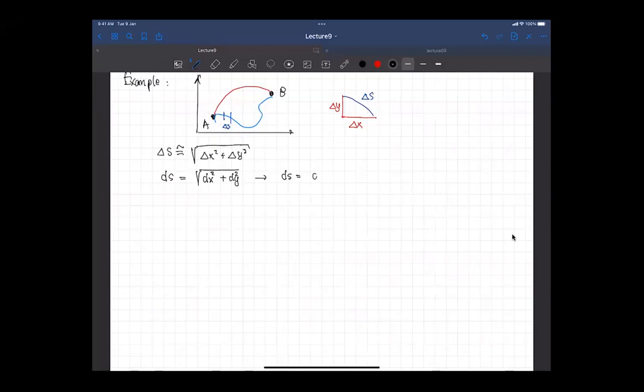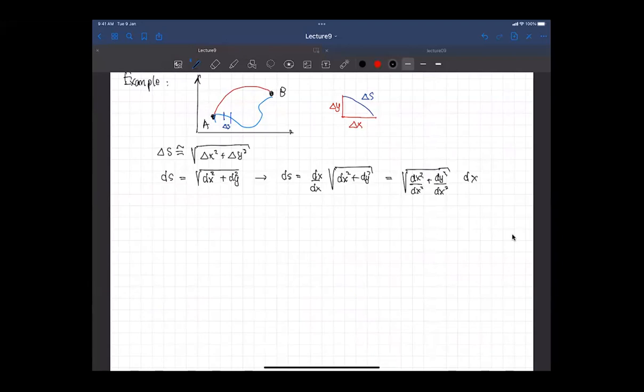If you multiply and divide by dx, it gives you ds equals the square root of dx squared divided by dx squared plus dy squared divided by dx squared, multiplied by dx.